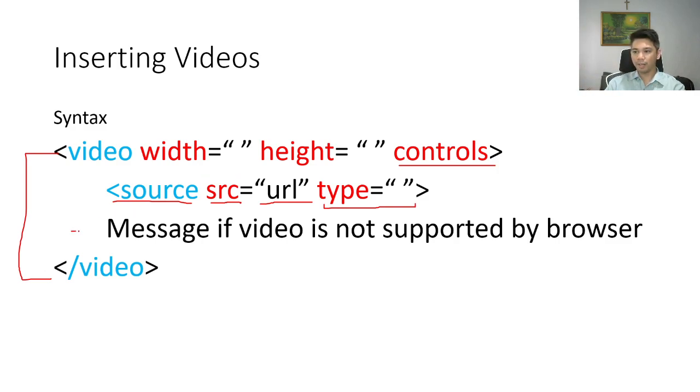And then we have here a text. You can place any text here, but what this does is, if the video will not be able to load on the browser, instead of the video displaying, the message will be shown.